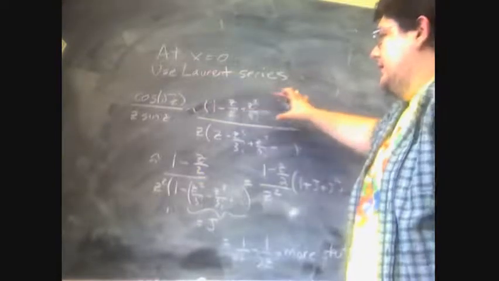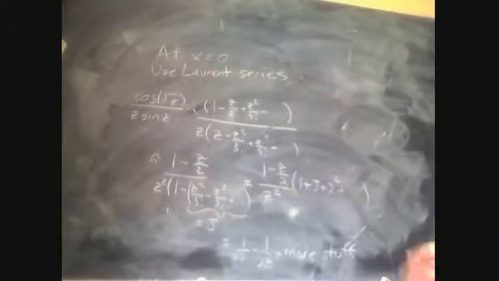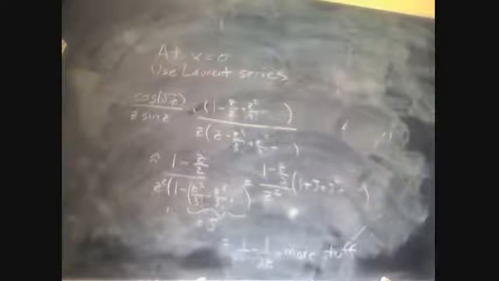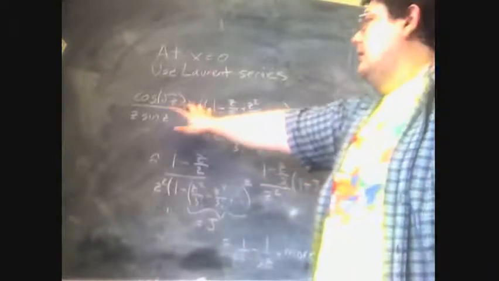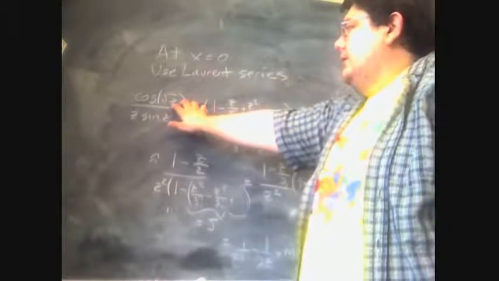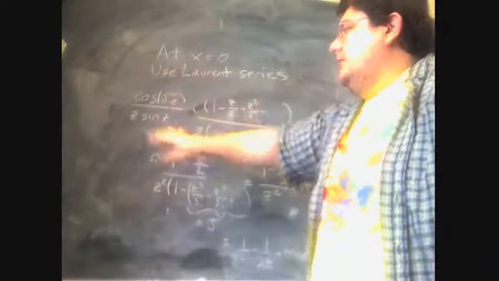Fortunately, we only need to take the first few terms to get a really good estimate, especially since we're taking it around z equals 0. I keep mixing x's and z's here, sorry about that. But we know that for x really close to 0, this will be 1, and this will be almost 0.